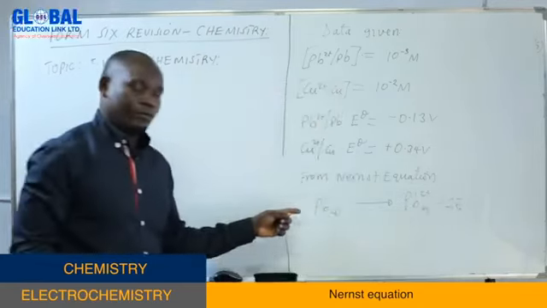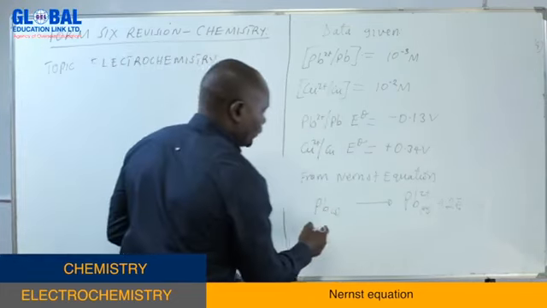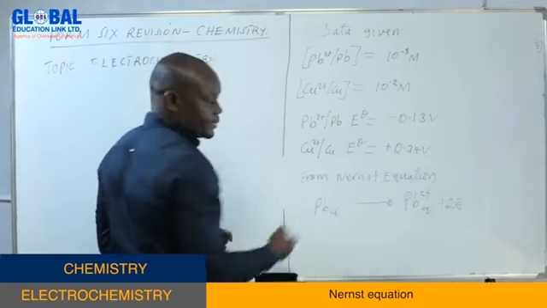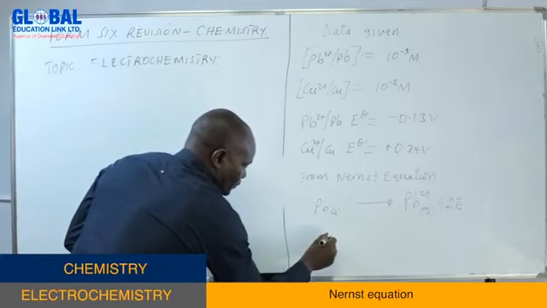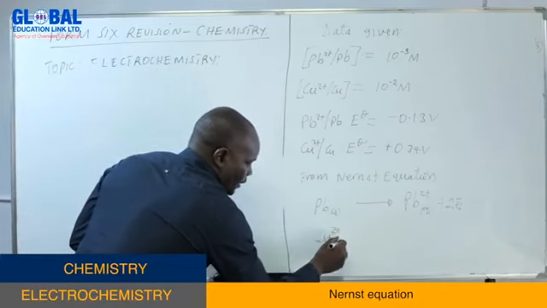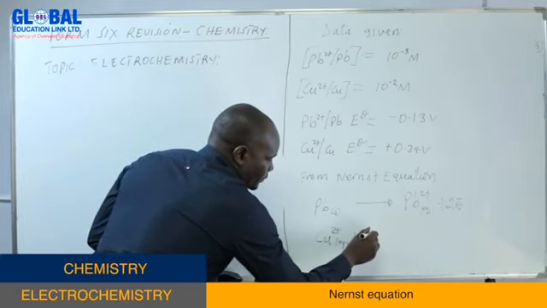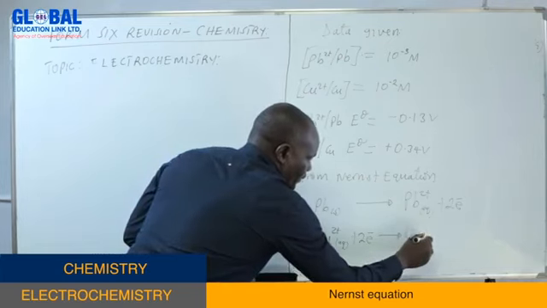So that is the first half equation. The second half equation will be that of copper. So copper, we have said is the species that undergoes reduction. So it will be copper 2+ ions aqueous, plus 2 electrons, then you'll have copper solid.